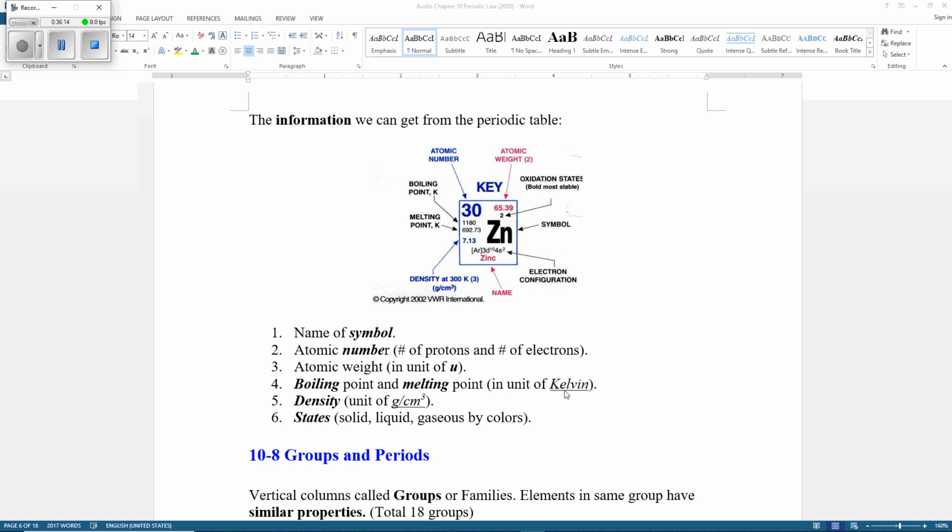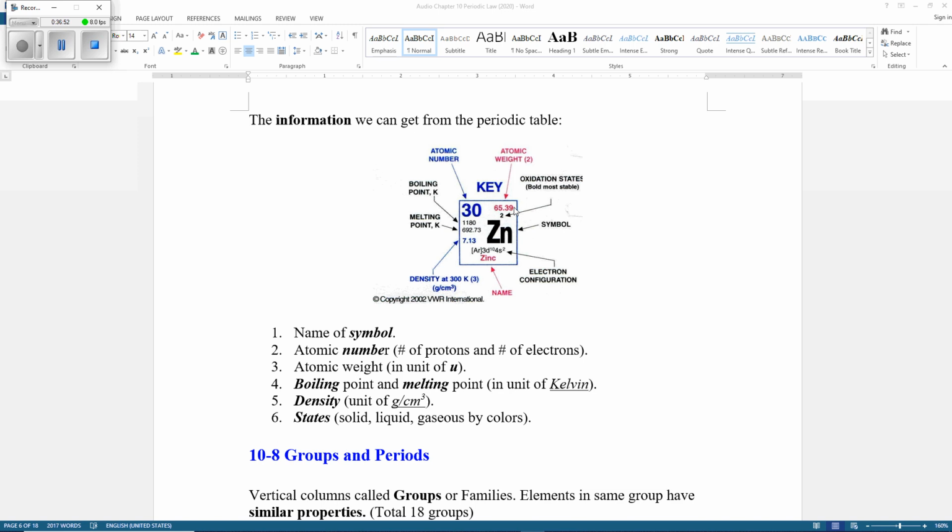Kelvin, K. And the melting point is 692.73. Under the blue number here, it gives you the density, 7.13. What's the unit? Gram per centimeter cube. So they give you this in K, and gram per centimeter cube. You can find all information from this example except the unit of the atomic weight.